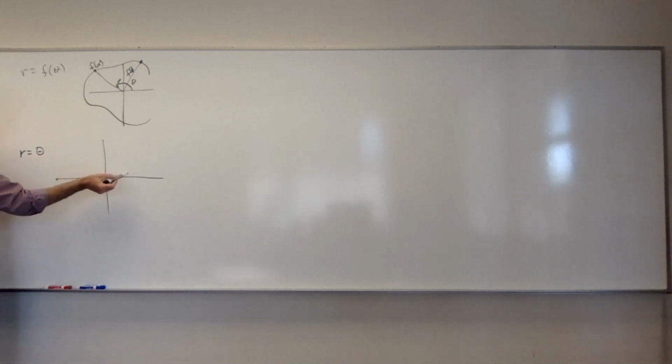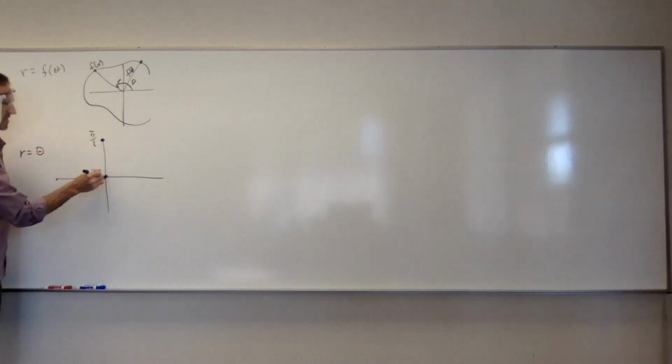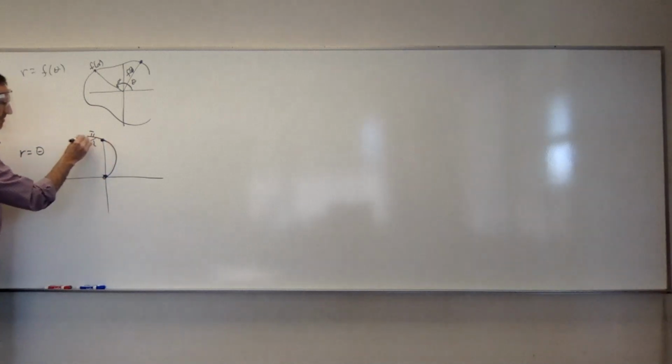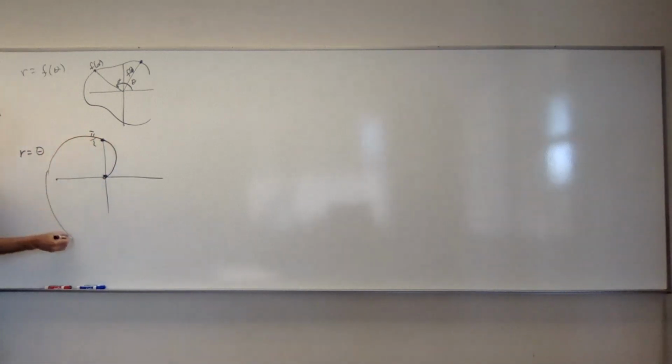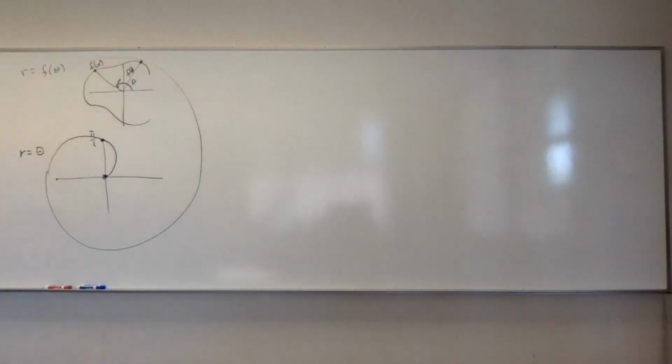By the time we get to pi over 2, which is about 1.57, the point is 1.57-ish units away from the origin. And it just slowly increases. And then we keep increasing, and we can keep going around and around. So we get the spiral coming out of the origin.